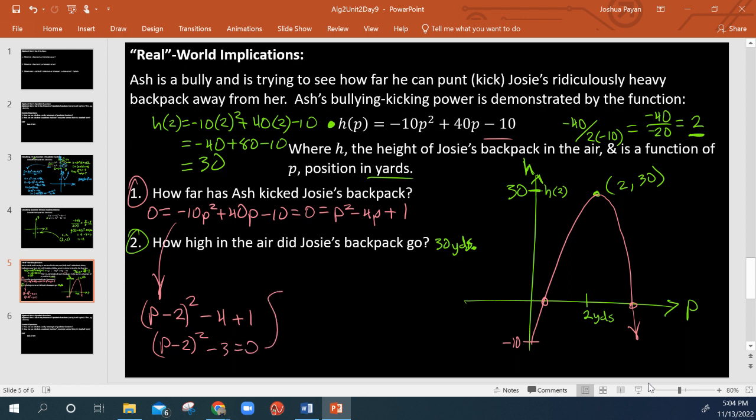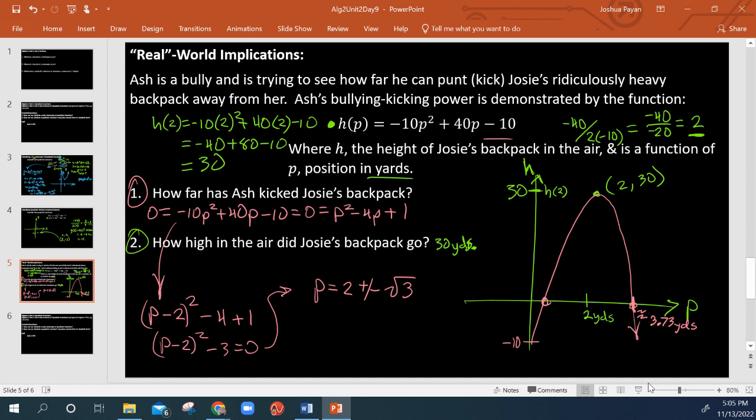Then I just solve that equation. Okay, so I'm going to add 3, take the square root. So that just becomes p is equal to 2 plus or minus the square root of 3. Okay, so let's see what that comes out to. 2 plus the square root of 3, that's about 3.73 yards.